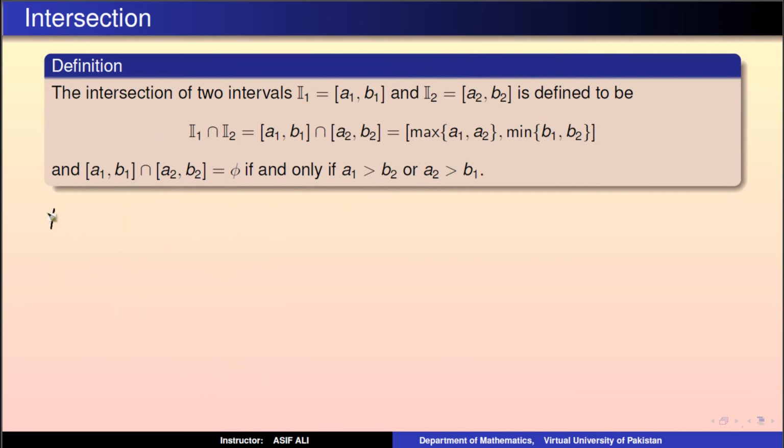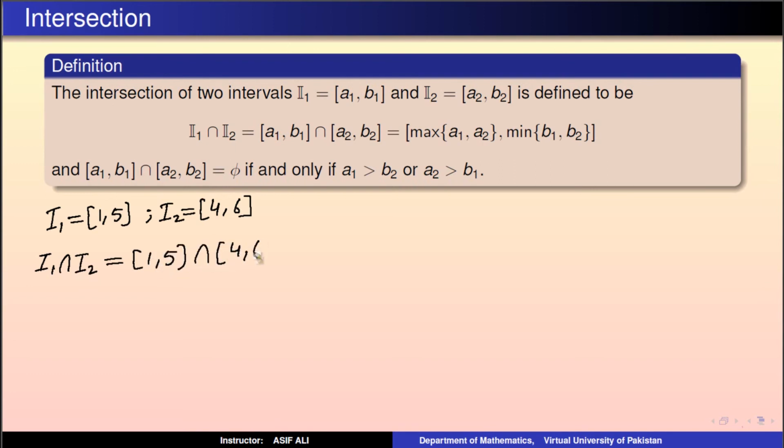अब इसमें एक और एग्जांपल देखते हैं। इसमें हमारे पास है I1 = (1, 5), I2 = (4, 6). Then I1 ∩ I2 = (1, 5) ∩ (4, 6), which is equal to maximum of 1 and 4 is 4 and minimum of 5 and 6 is 5. इसको ड्रा करते हैं.